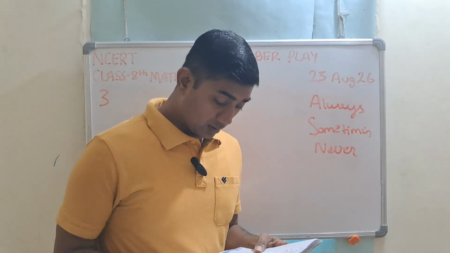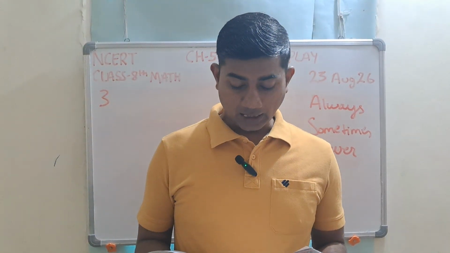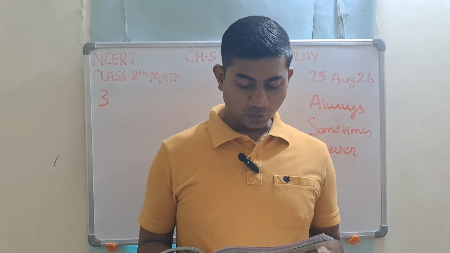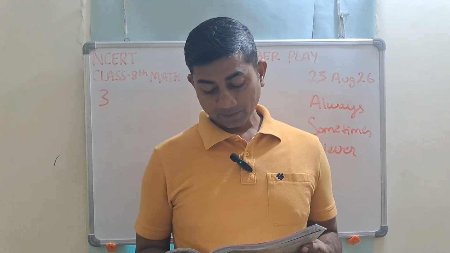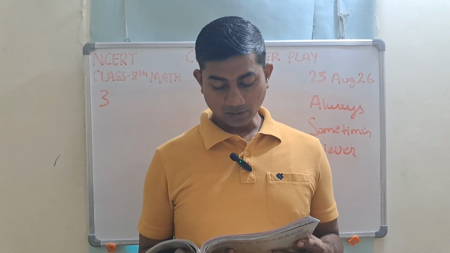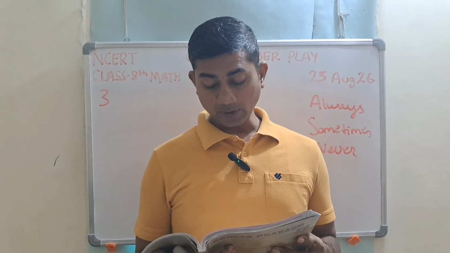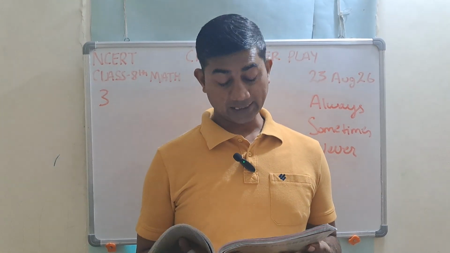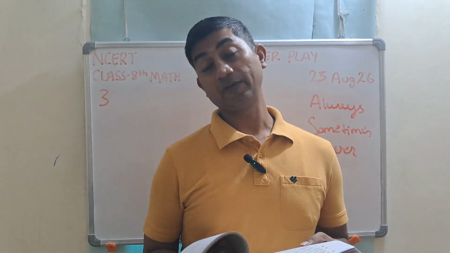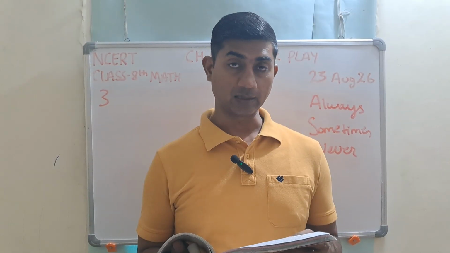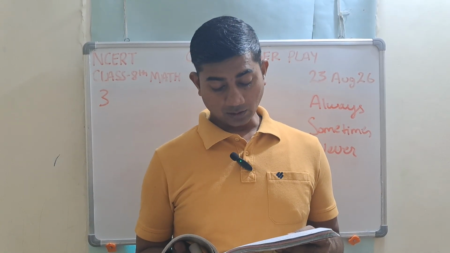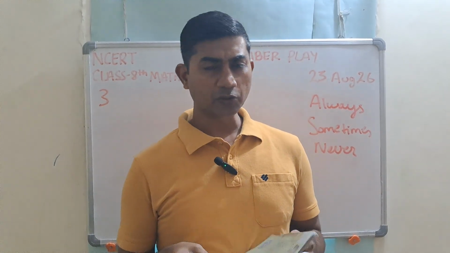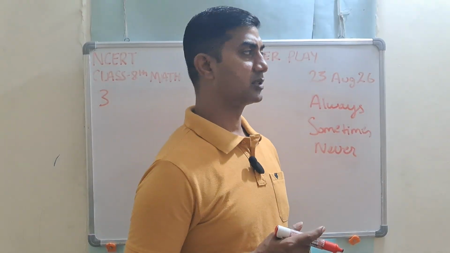Now, if two numbers are not divisible by 6, then their sum is also not divisible by 6. It means what they are saying is that if two numbers are not divisible by 6, then their sum is also not divisible by 6. So this is also a case of sometimes. Understood?